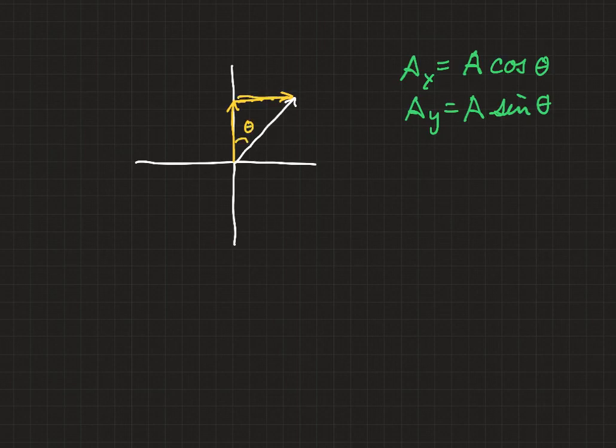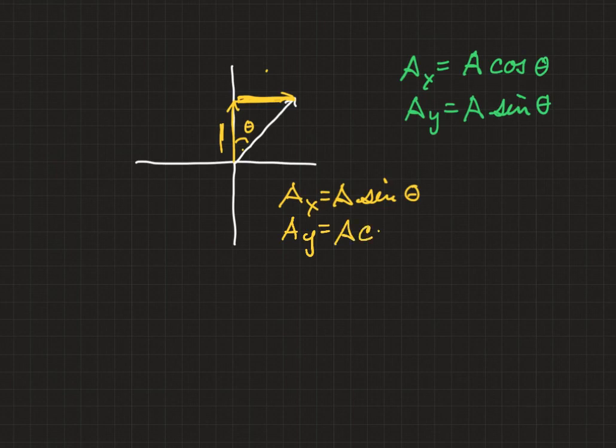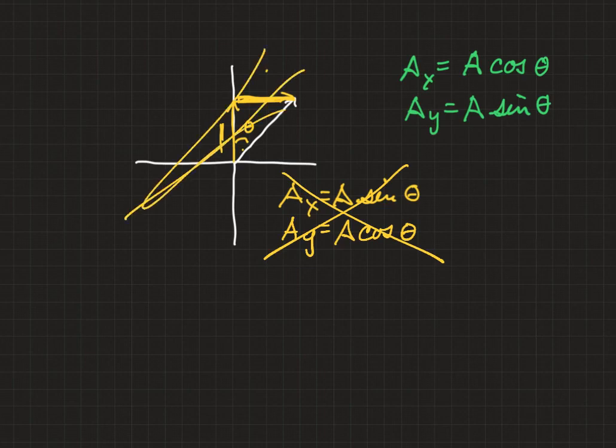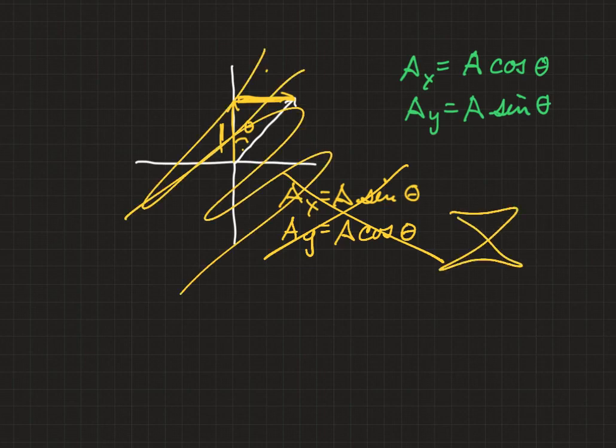The x component is now opposite theta, and we would have to use this formula instead. Very inconsistent. Likewise, for y we would now be looking at the adjacent side, adjacent to theta. We would have to completely switch these. We are not going to do that. We are going to be consistent. No hourglasses, only bow ties, because bow ties are cool.